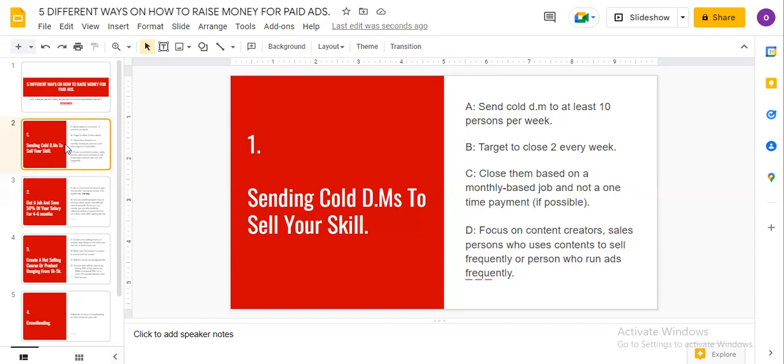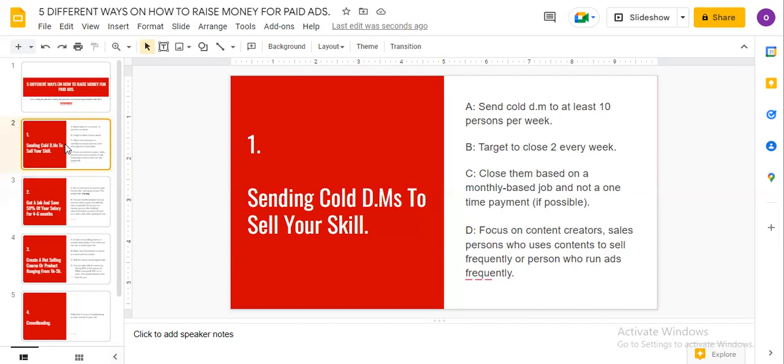So whatsoever skill you are bringing to them, so far as it's something that can create content for their brand or their business, no wahala. It can be graphic design, video art, sales funnel, copywriting, anything at all. Because they are content creators, they will be needing your services every month, every time, because they are always posting.